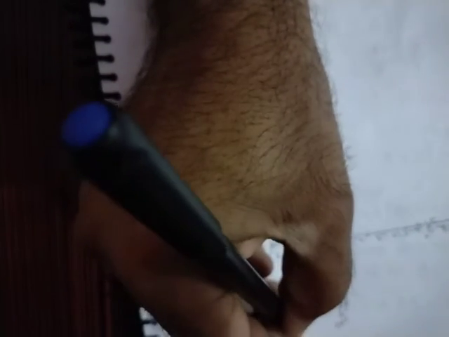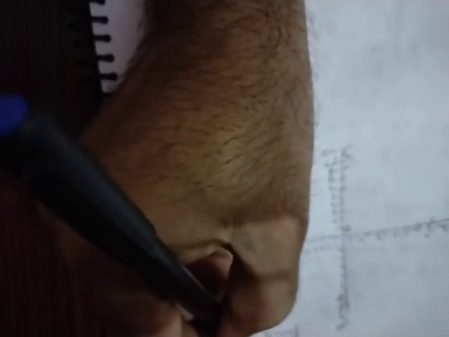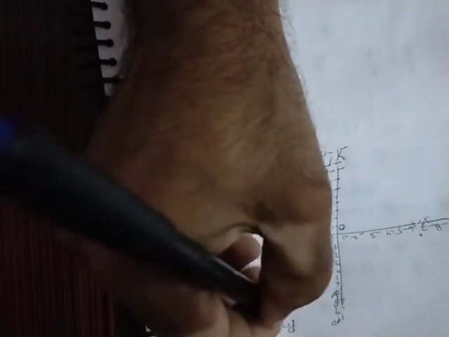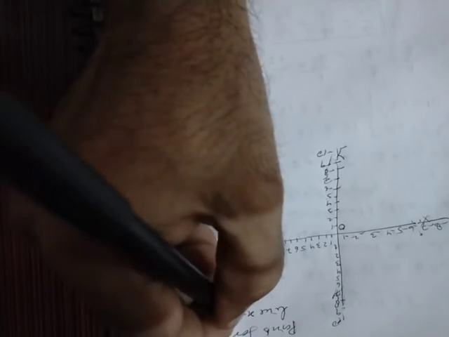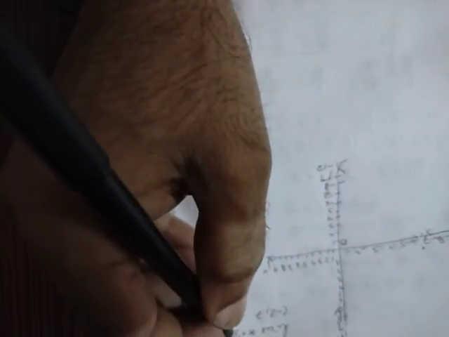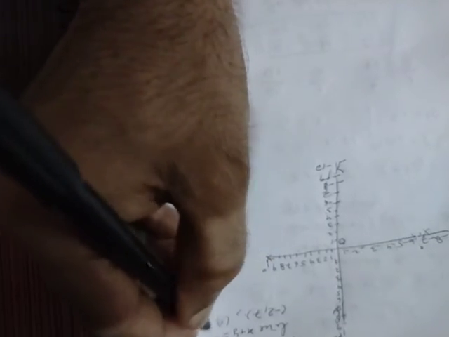Now there are 2 points. What points are there? You see, points for the first line, x plus y is equal to 5: minus 2, 7 and 0, 5.